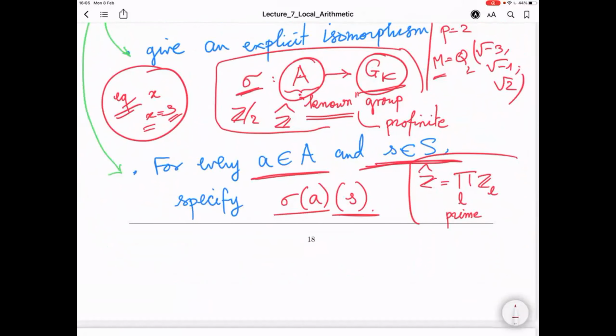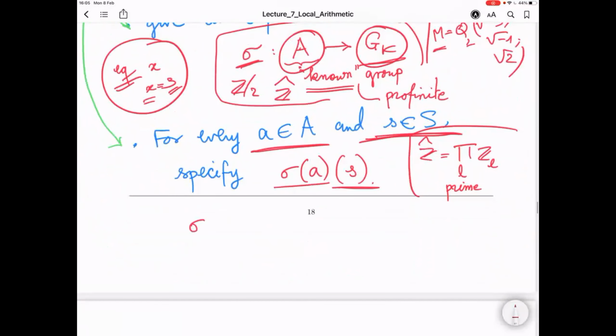So give a formula for sigma A S. These are the three things we would like to do for an arbitrary field. Of course, this is completely hopeless. You can't possibly think of doing any such thing in general, but that's the idea.